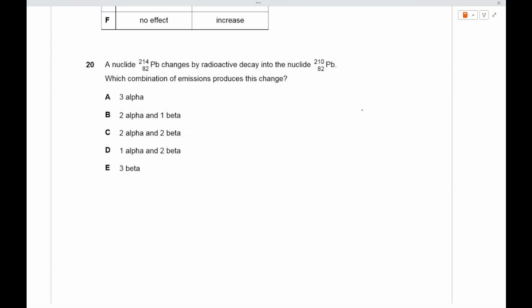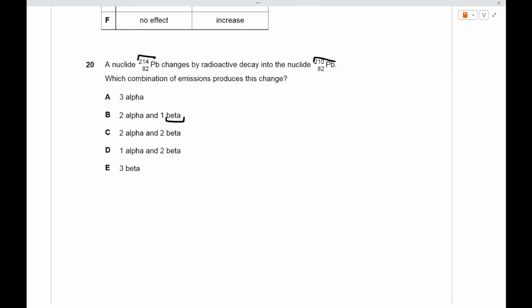For this question, the first thing we should do is focus on the mass number. Why, you ask? Because beta radiation does not affect the mass number, it only affects the proton number. Only alpha affects the mass number. That means that if we focus on the mass number, we can deduce how many alpha emissions have occurred.